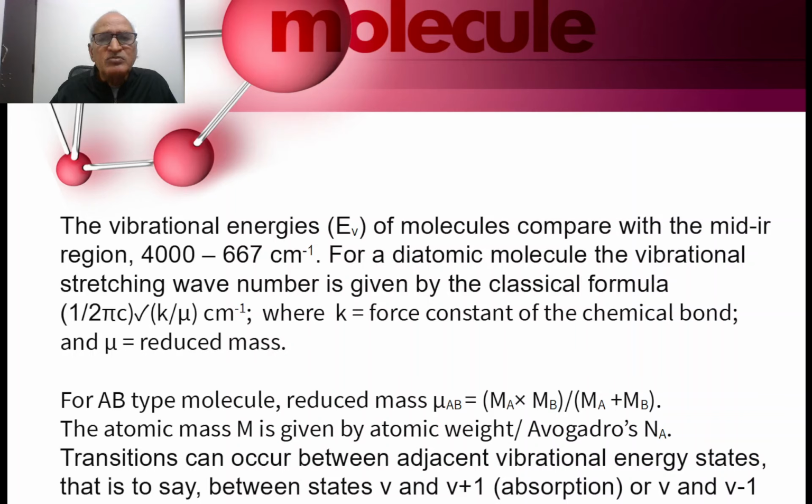For a diatomic molecule, the vibrational stretching wave number is given by the classical formula which reads as 1 by 2 pi c multiplied by under root of k by mu in the units of centimeter inverse. Here in this expression, k is force constant of the chemical bond and mu is reduced mass.